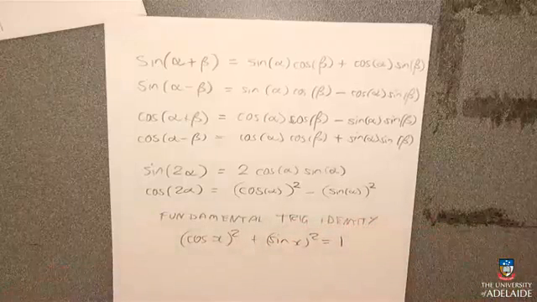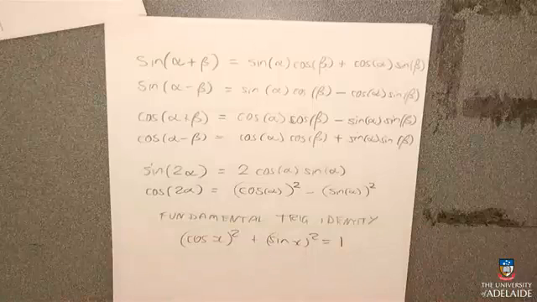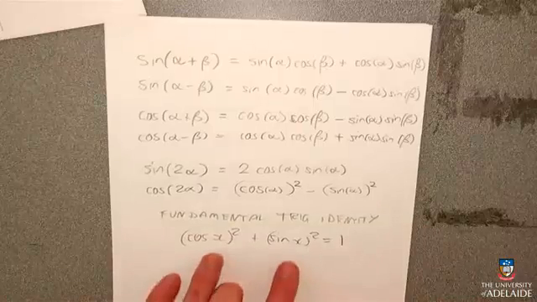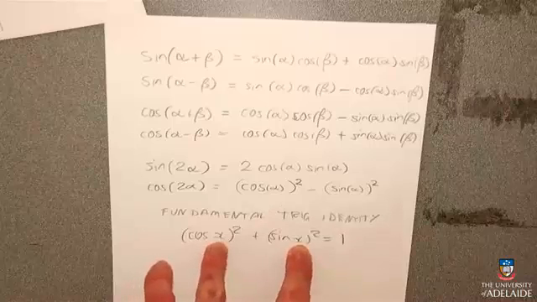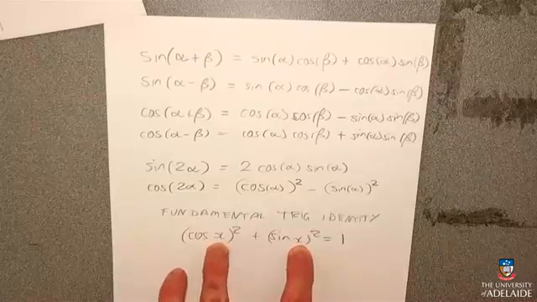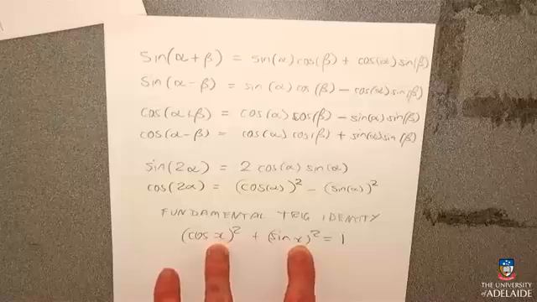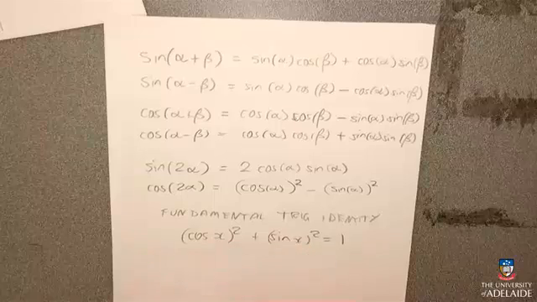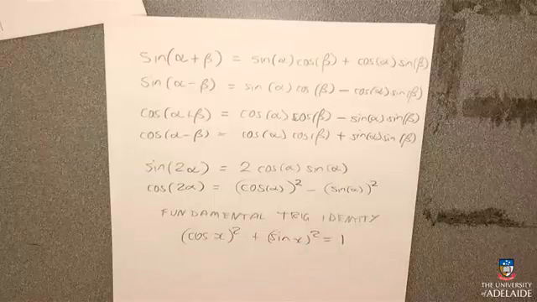Cos squared plus sine squared is 1. Now, I'm conditioned to write this as an x, but it could be an alpha, it could be a theta. In fact, it could be anything. Cos of 5x squared and sine of 5x squared add up to 1 as well. That is the fundamental trig identity.